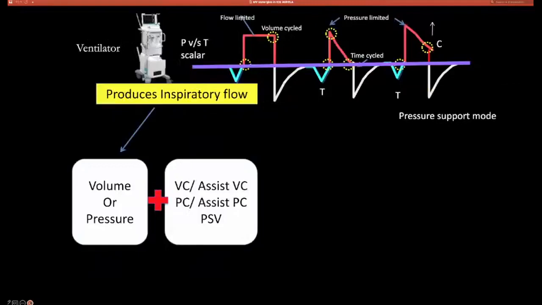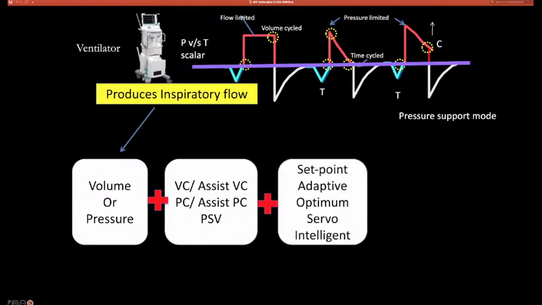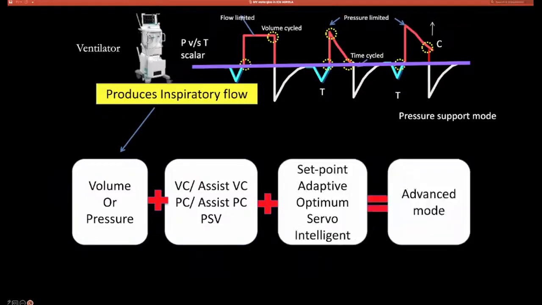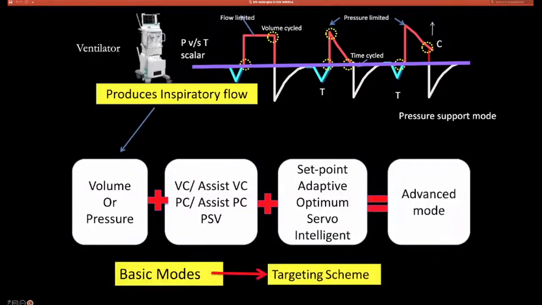So when I say advanced modes, I've seen most of the junior colleagues get really bogged down thinking that it's something different. It is nothing. There are only 4 or 5 modes in mechanical ventilation: volume control, assist volume control, pressure control, assist pressure control, and pressure support ventilation. And if you give a set point or a target, the targeting scheme becomes an advanced mode.